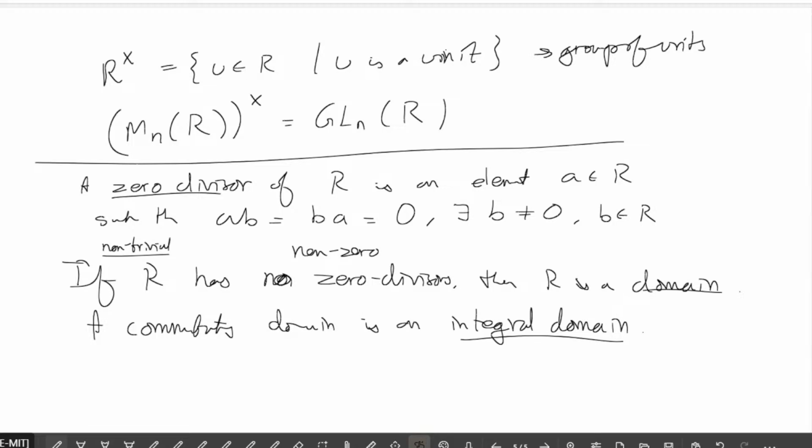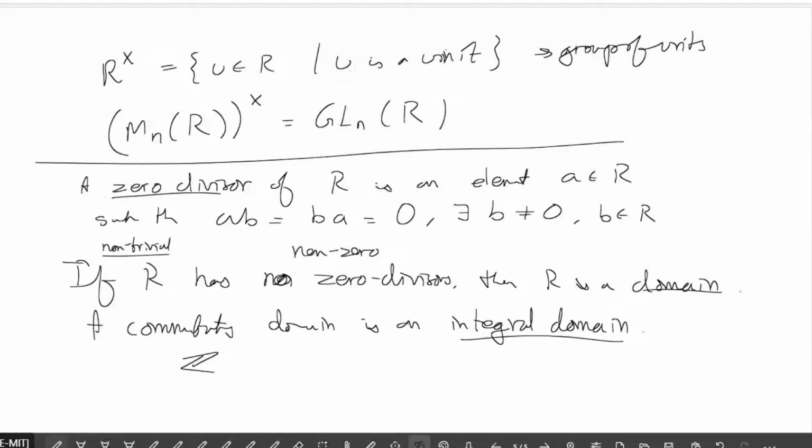So Z is a simple example. But any other examples? Every field is an integral domain. So another example: Z is not a field, but it's an integral domain. Any other example?